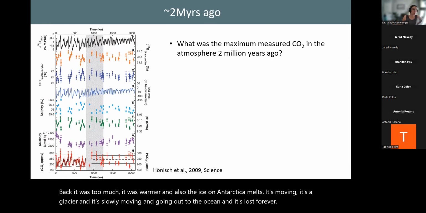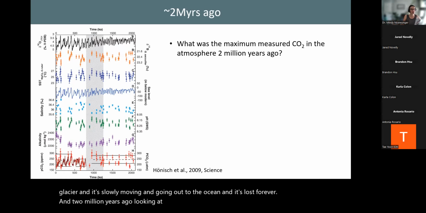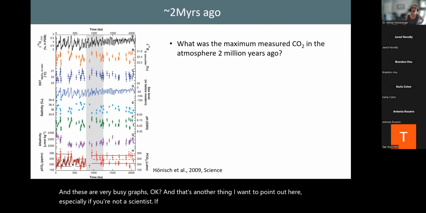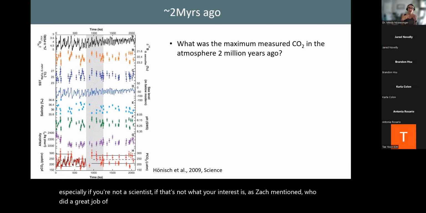Looking at the last 2 million years, there are other proxies, and these are very busy graphs. That's another thing I want to point out, especially if science isn't your interest. As Zach mentioned, who did a great job of educating us on the importance of science communication, you cannot show this type of data to people.